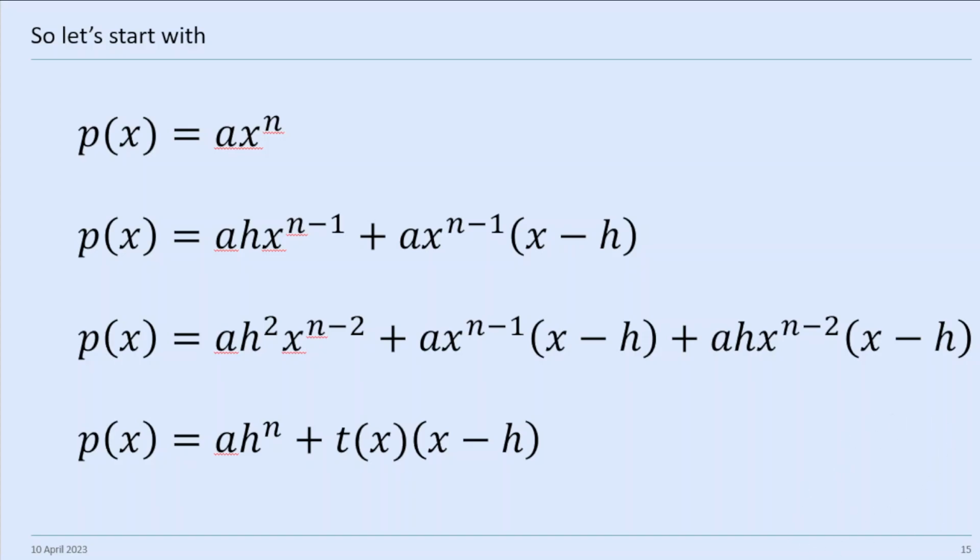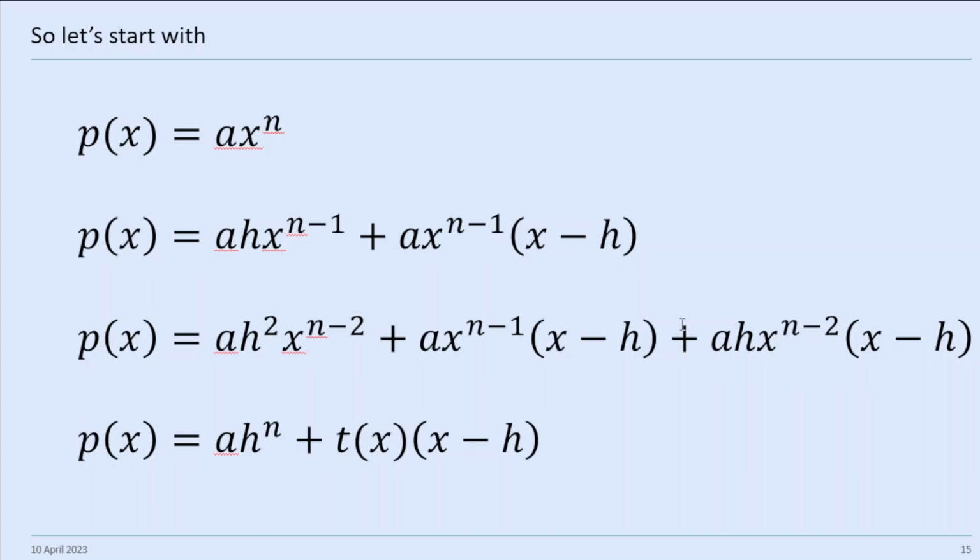And then we're going to do another move. We're going to write that as ah squared x to the n minus 2 plus ax to the n minus 1 x minus h plus ax to the n minus 2 x minus h. Now, again, if we expand out these two brackets, we can see that this whole expression is just ax to the n.